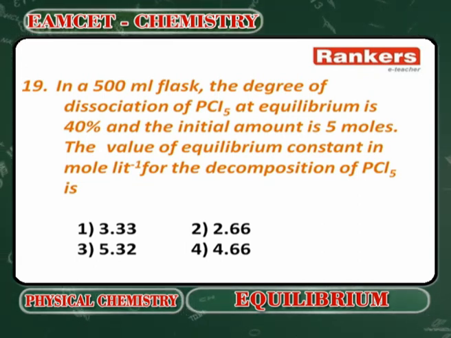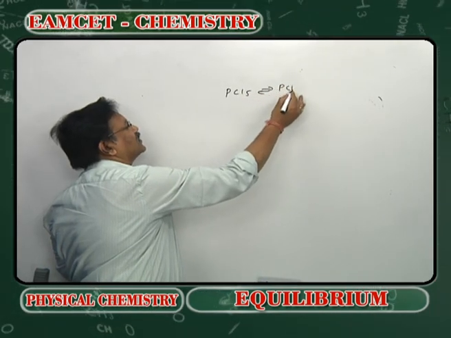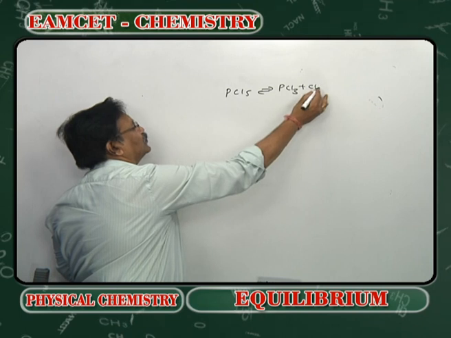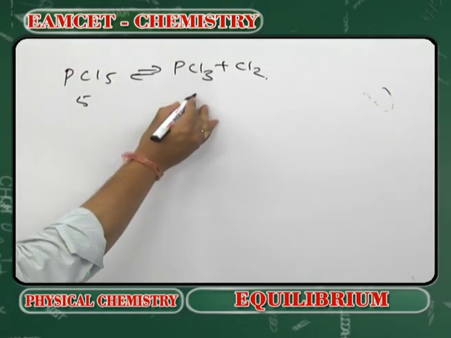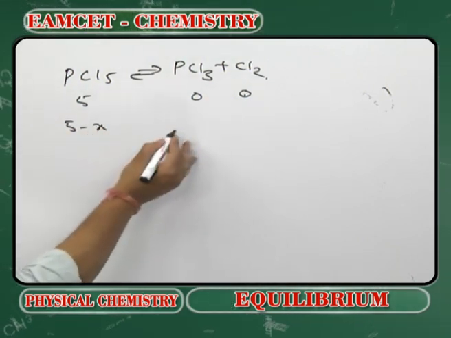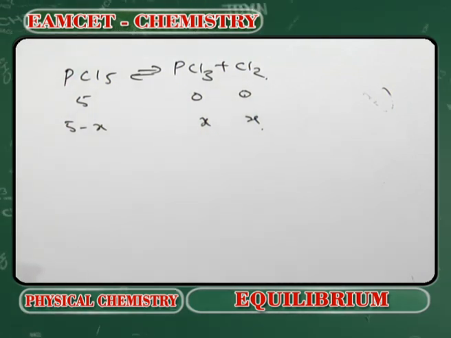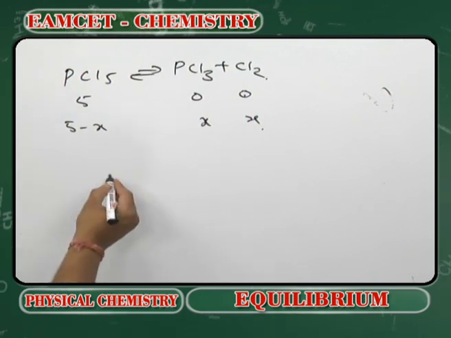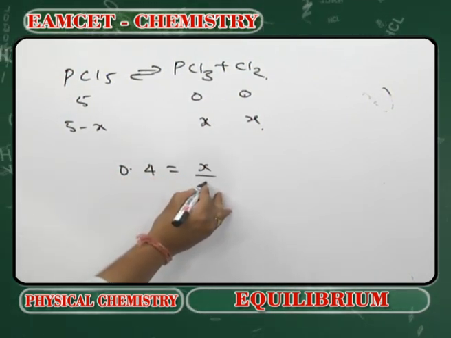So PCl5 gives PCl3 plus Cl2. What is the initial number of moles? 5, 0, 0. What is that at equilibrium? 5 minus x, x and x. What is the degree of dissociation? 40%. So alpha is equal to 0.4. 0.4 is equal to x by 5.